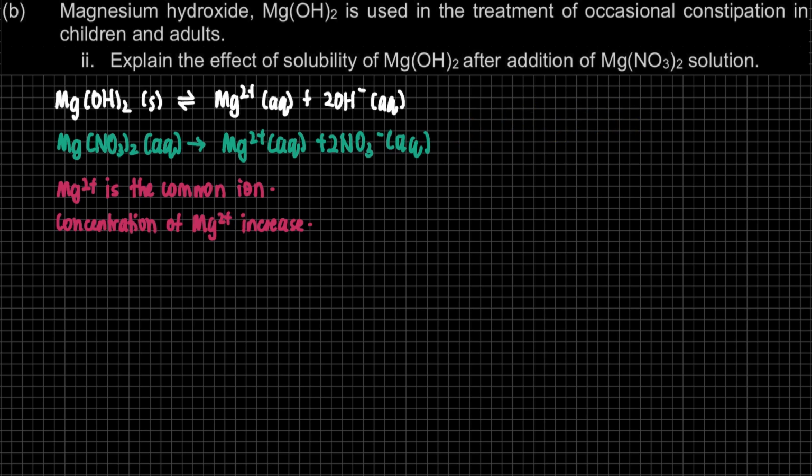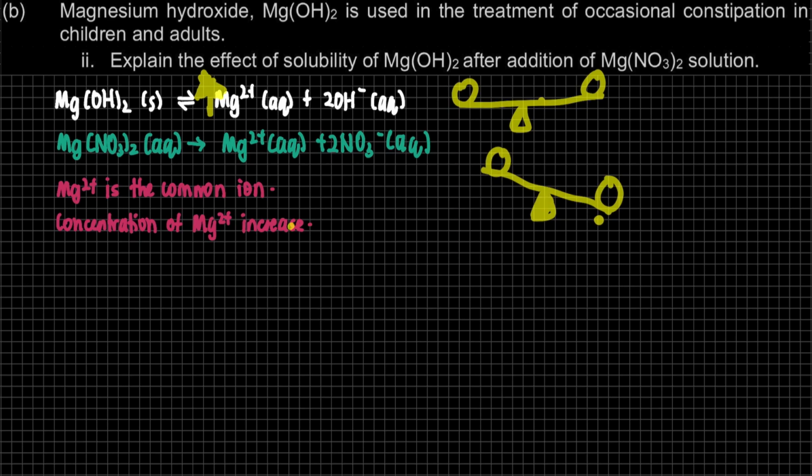Our equation at first is balanced like a seesaw of concentration. But right now, when the concentration of Mg2+ increases, it is no longer a balanced seesaw. This one will increase, so our seesaw is not balanced. It will become like this, because this one increases.